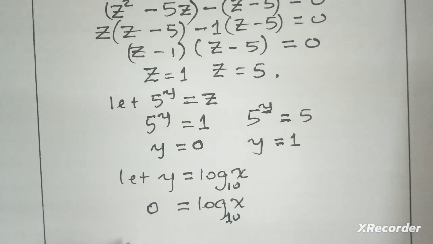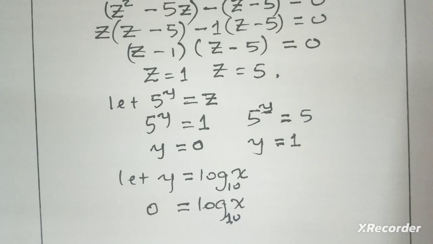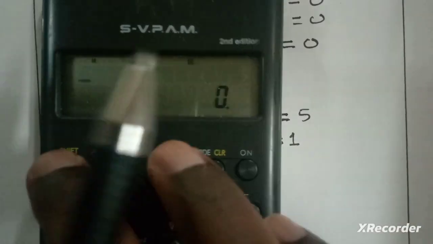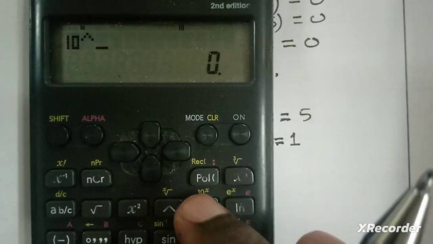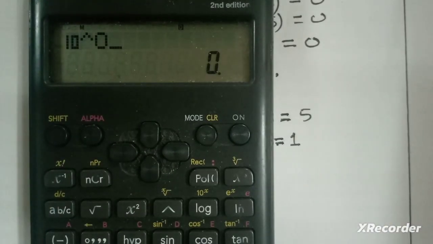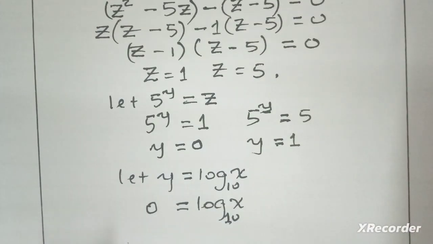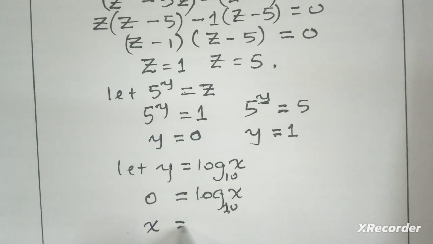We can find x by taking the inverse of 0. We shall look for log inverse 0. That is, we go shift log 0 gives us 1. So we get x is equal to 1. So that is one of our solutions, guys.